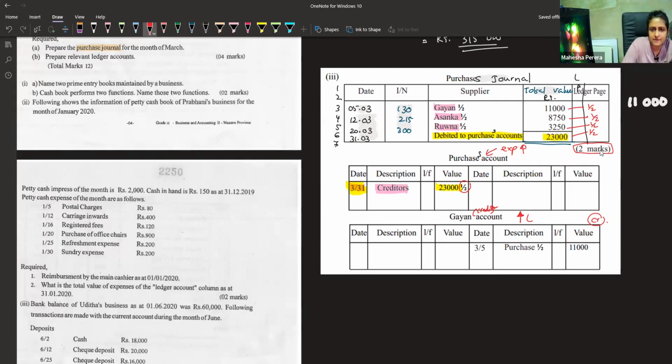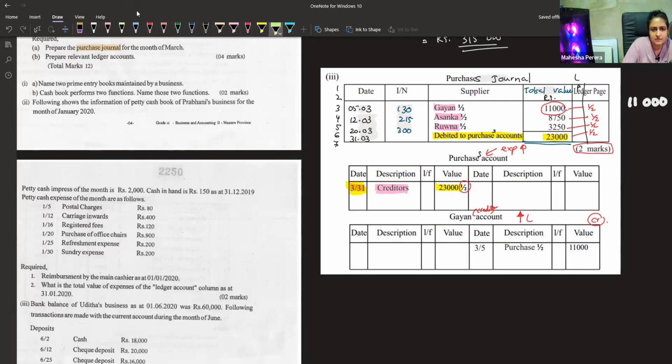Now from Gayan, if we are the business, we have purchased how much of goods? 11,000 worth of goods. So we enter 11,000, the relevant value. And the respective date you have to enter.